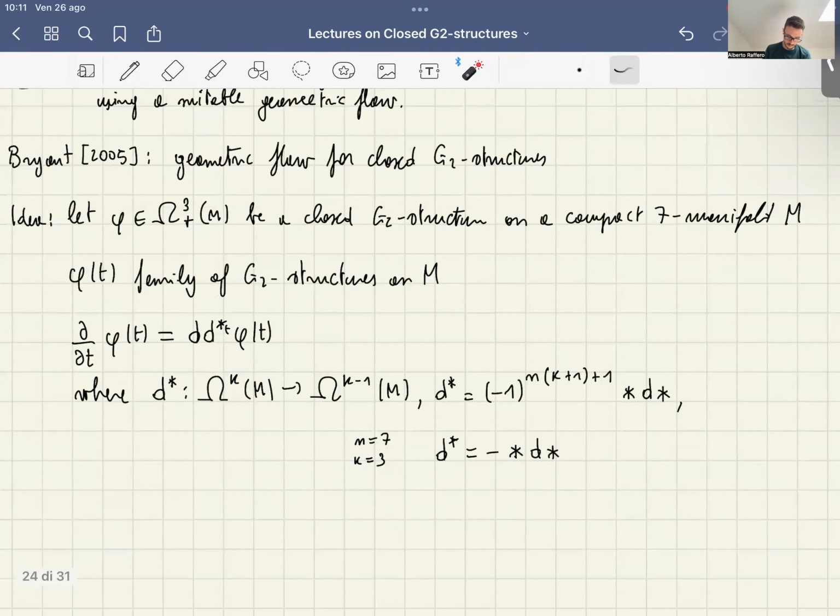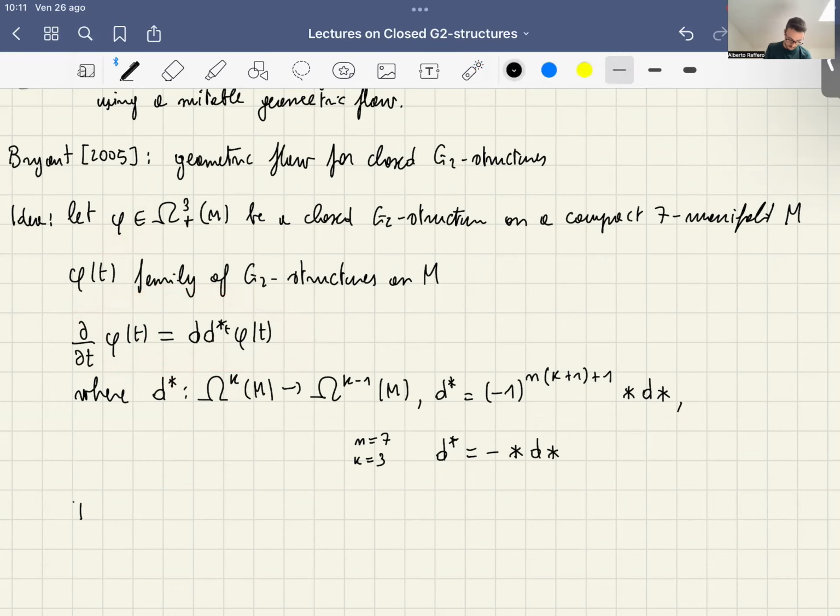in this equation here, we assume phi t to be a family of G2 structures, and so this Hodge dual will be the Hodge dual induced by the metric induced by phi t. And now observe that if this three-form phi t evolves in this way, and it starts at time 0 from this closed G2 structure we considered, then the closure of phi is preserved along this flow.